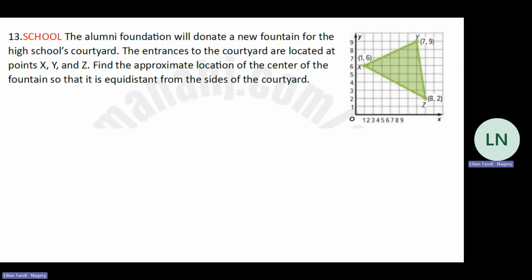All right. This Alumni Foundation will donate a new fountain for the high school courtyard. The entrances to the courtyard are located at points X, Y, Z. Find the approximate location. Okay.